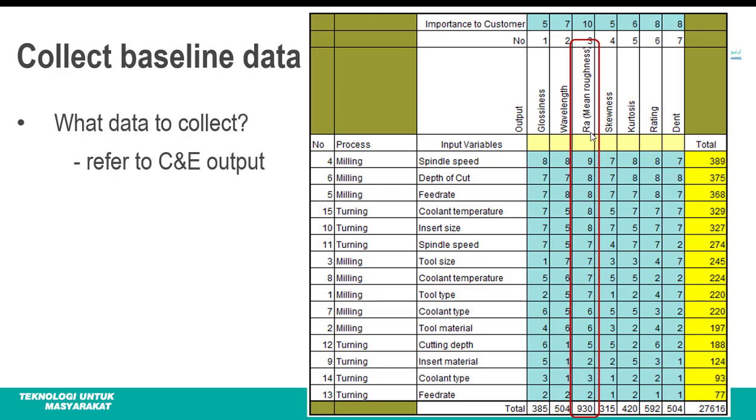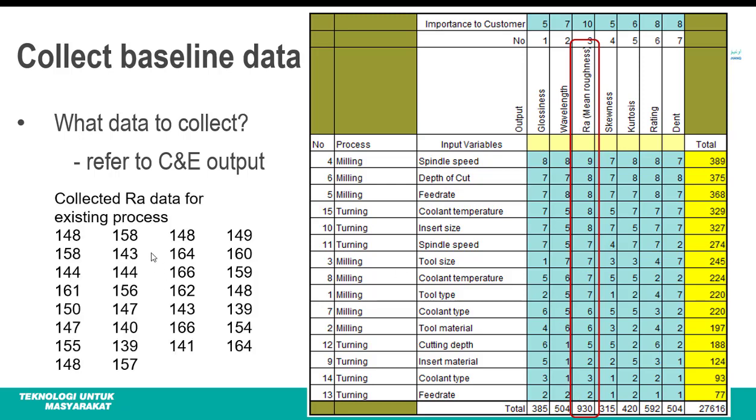Okay. In a real project, it's not necessary for us to limit the output parameters to only one. We can choose maybe the top three parameters from our cause and effect matrix here. Then we collect the data for the existing process as our baseline data.